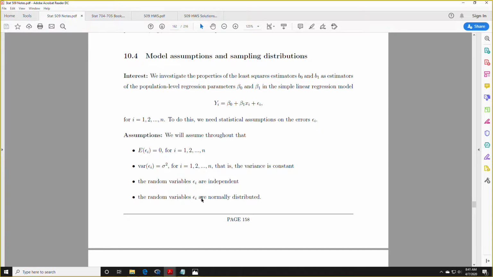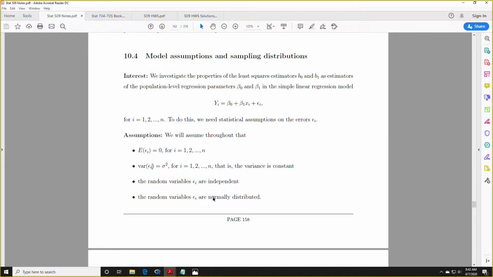Of course, we know what a normal distribution looks like, right? It's some bell-shaped curve. And so we would like each of these random errors to have a bell-shaped curve, and them all to be independent, right? The random error from one observation shouldn't affect the random error from another.